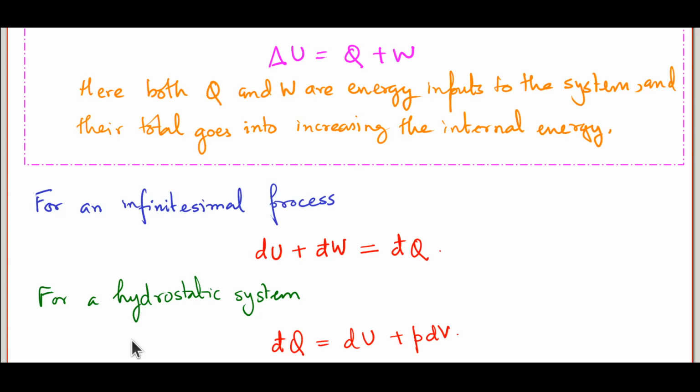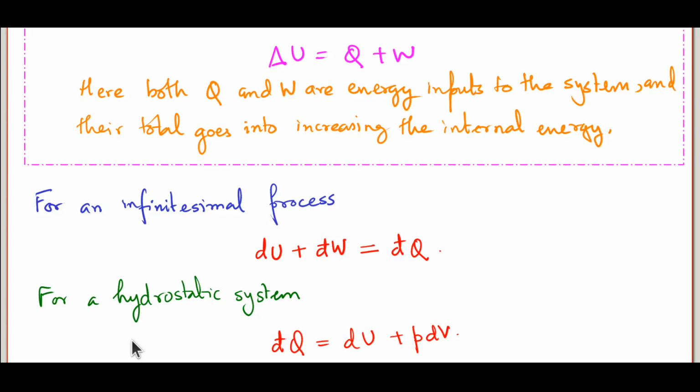Note that this version is independent of whether you choose work done on the system to be positive, or, as we have done here, you choose work done by the system to be positive. If you chose the latter convention as we have done, then the hydrostatic work done would be plus pdv, and as in this case, you are going to end up with du plus pdv for d cross q.